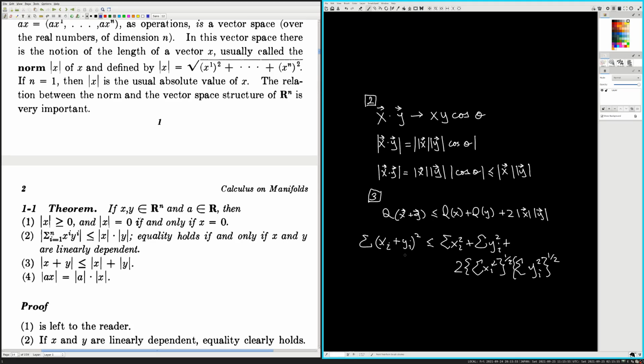And if we break up the sum on the right, we would get the sum of xi squared, yi squared, plus 2 times the inner product of x and y.